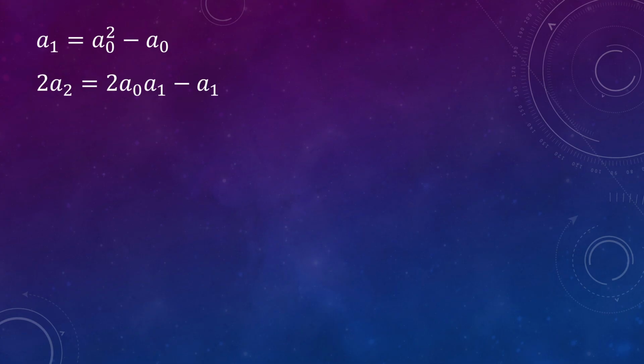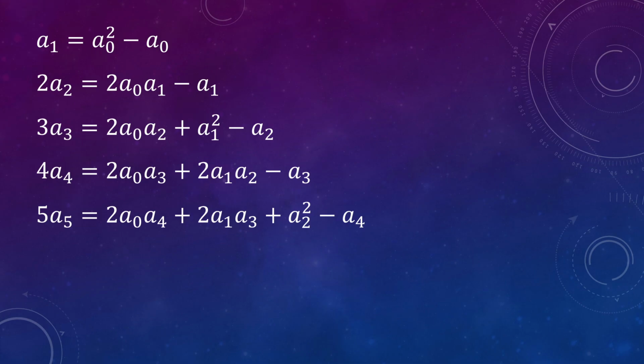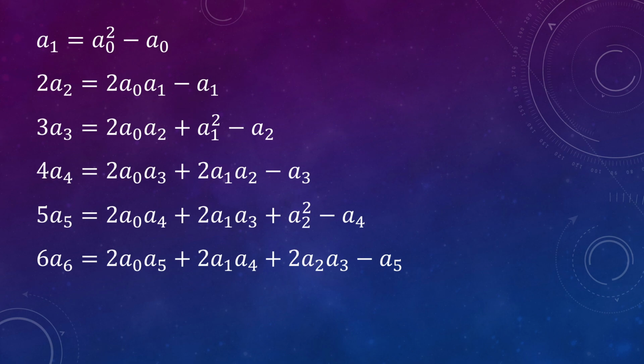Now, if we equate the coefficients on both sides, we get a1 equal to a0 square minus a0, 2 times a2 as 2 times a0 times a1 minus a1, 3 times a3 as equal to 2 times a0 times a2 plus a1 square minus a2, 4 times a4 as equal to 2 times a0 times a3 plus 2 times a1 times a2 minus a3, and 5 times a5 will be this, and 6 times a6 will be this.